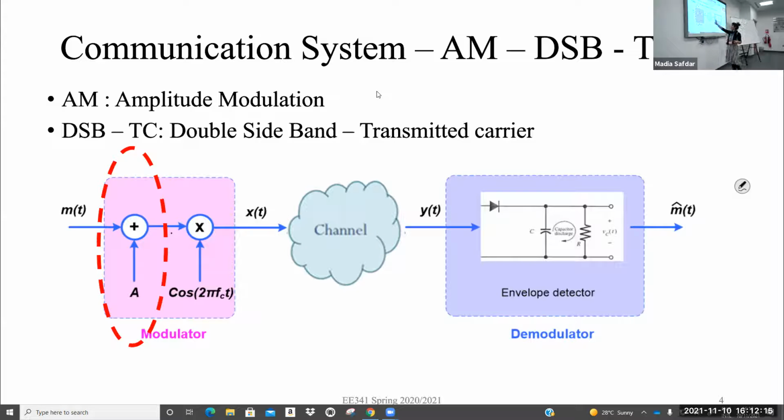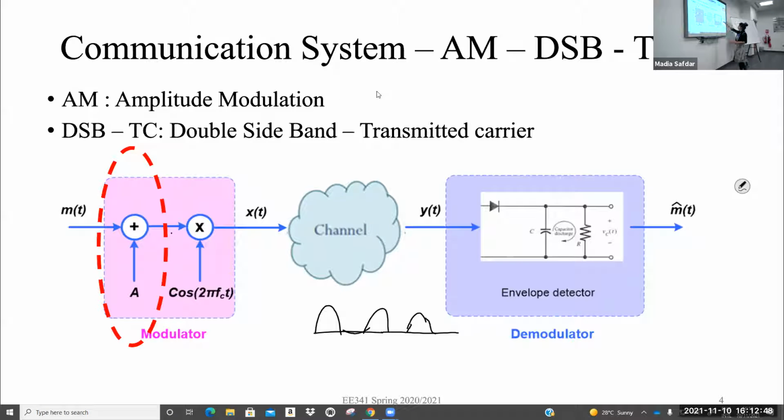Then we will send it to the channel. After it is passed through the channel, we will use a rectifier. Because I added the DC offset, my waveform will be like this, exactly distributed. By using the rectifier, I will remove this down part and I will get the upper part.